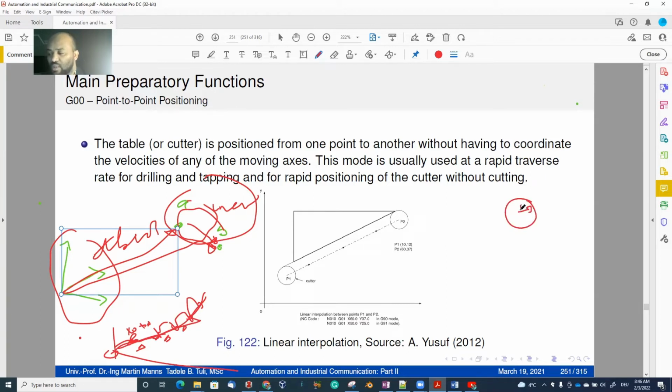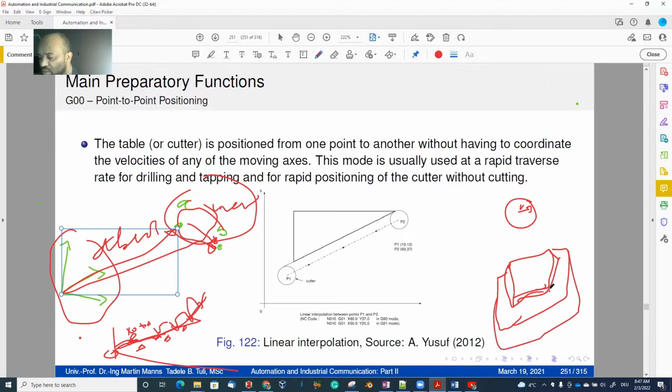So if you want to make something like this, there has to be some distance between the tool and the workpiece.